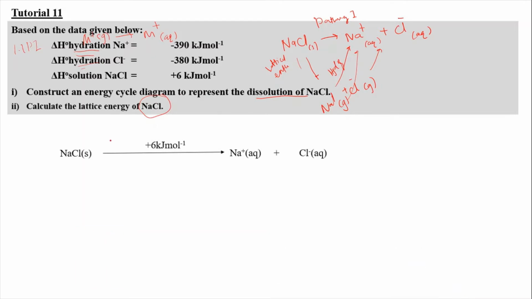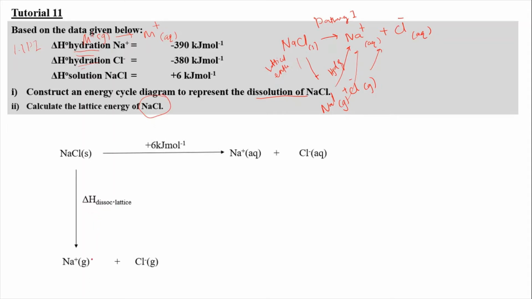Alright, so this will undertake path number 2, where the NaCl ionic solid will absorb energy in order to dissociate into gaseous ions. NaCl solid will be broken down into Na plus gaseous ion and Cl minus gaseous ion, and this is known as the lattice dissociation enthalpy.